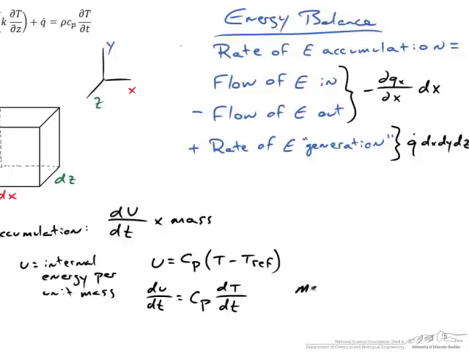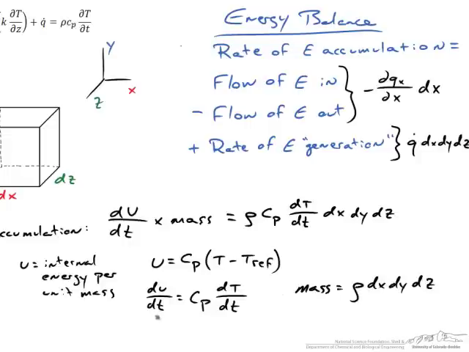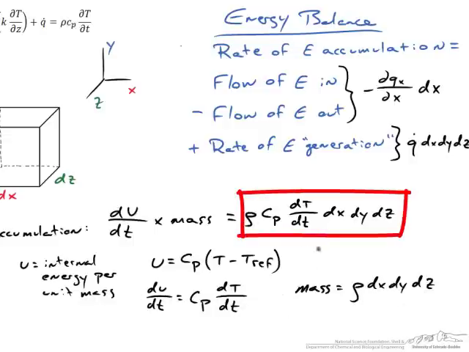And we've also got the mass of material is equal to the material density multiplied by the volume of that cube. So the mass is equal to the density times dx, dy, dz. So if we multiply the two together, we take dU/dt multiplied by its mass, and we're left with this expression on the right-hand side.